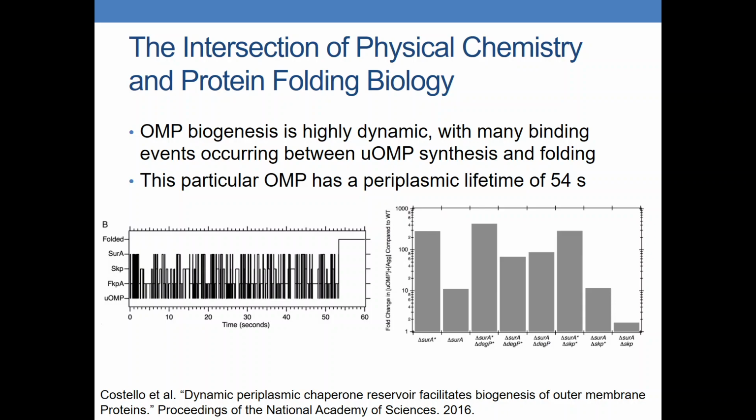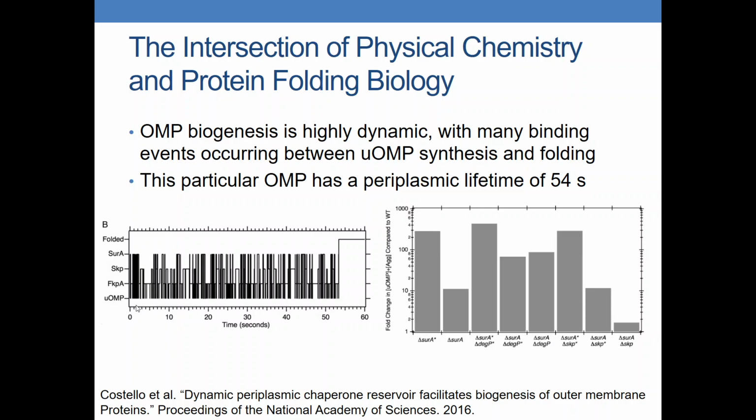Here we have the results of all of that math. First I'm going to focus your attention on the left panel. This is a plot showing where your protein is as it goes from the unfolded outer membrane protein state to the folded state as a function of time.